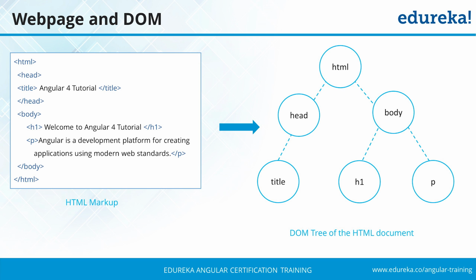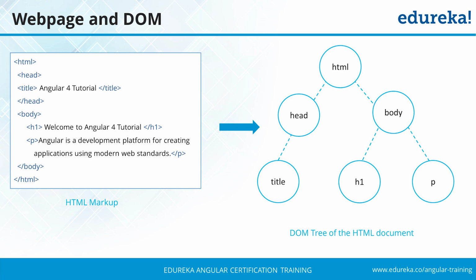It will actually create a DOM tree, if you notice, from the HTML tag to head and a body, and the body will go ahead and traverse to an H1 and a paragraph tag or a span tag or a div tag, etc. This particular DOM tree is something that we might want to remember because this is exactly what we are going to pull out and understand the concept of Angular as well.